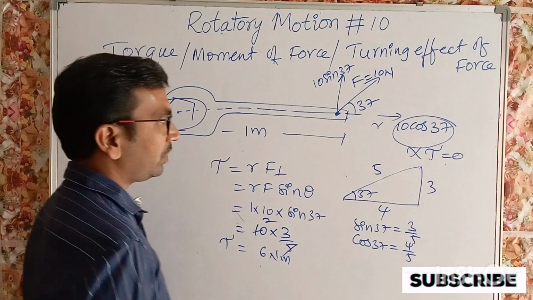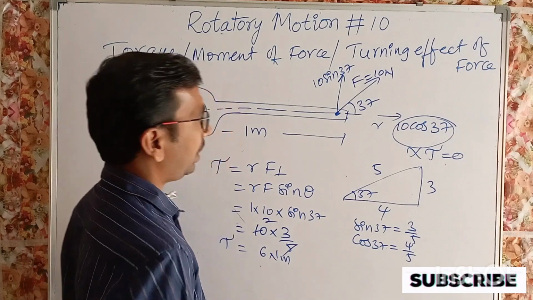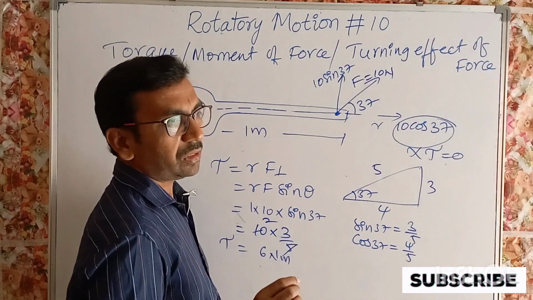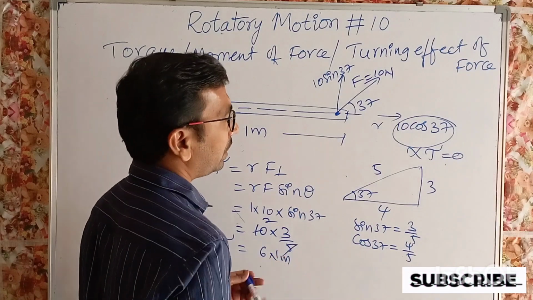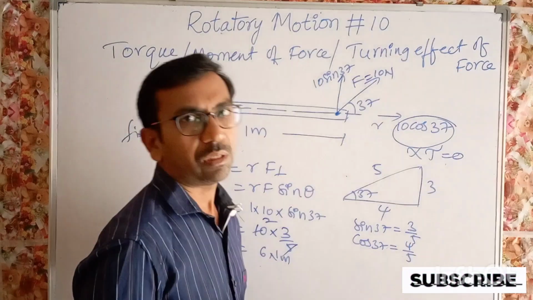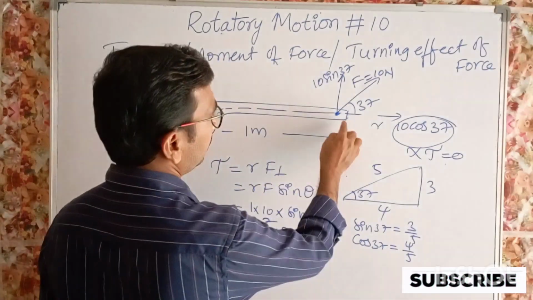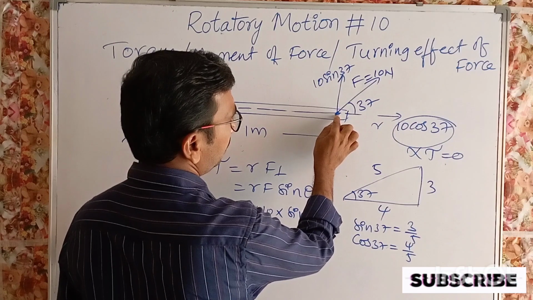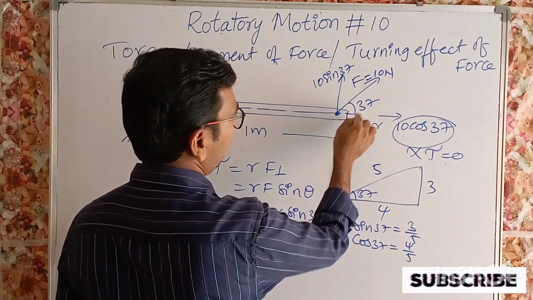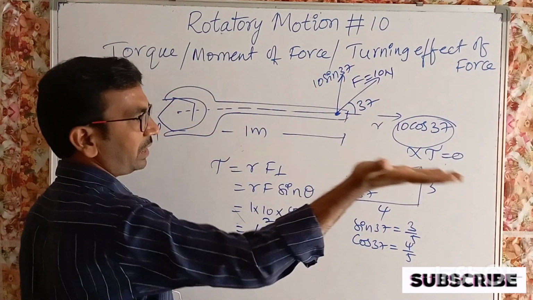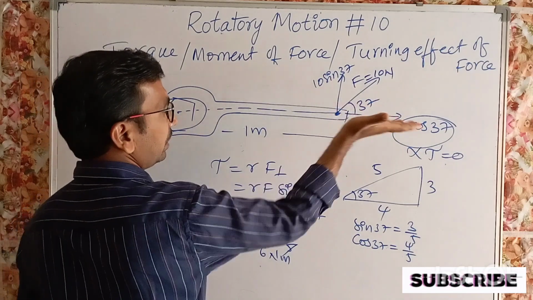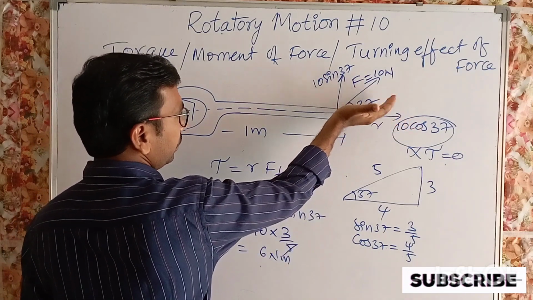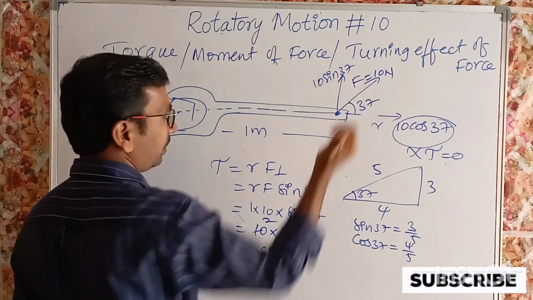Now you can find out the direction here. This is the arm length R, and you consider the angle between the two initial points, where the R initial point is this one and the force initial point is this one. This angle is 37. Now consider the right hand rule. Place the fingers along R and curl towards the force, and the direction is out of the plane.